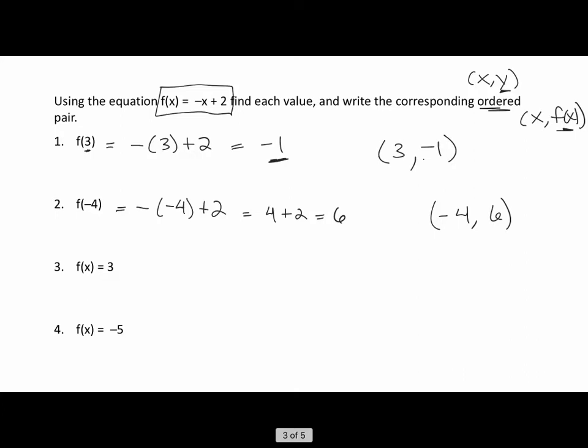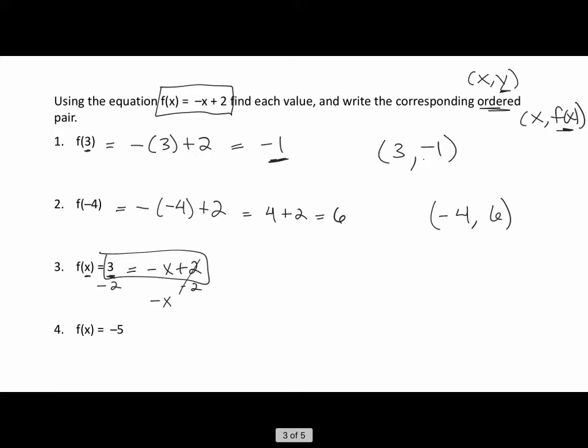Number 3 is interesting because they did not give me the x value. They gave me the y value, or the output here. So they're saying if you put some x in, you get 3 out. So they're asking me to find that x if 3 equals negative x plus 2. So I'm going to solve this equation for x by oppositing the 2 from both sides.